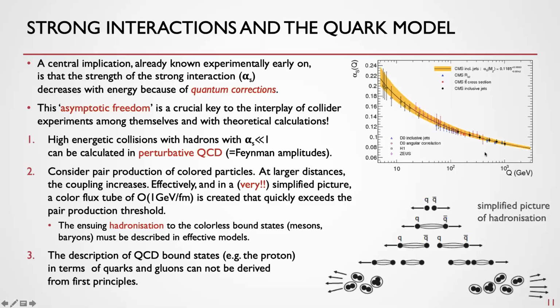Unfortunately, once we have produced our interesting particles, as I explained at the beginning, they decay back to the lighter particles, and in decaying back, they go from the right of the plot to the left, and they leave the regime of validity of perturbative strong interaction, and we need to resort to empirical models of hadronization or this gluon string that I described here a couple of minutes ago.